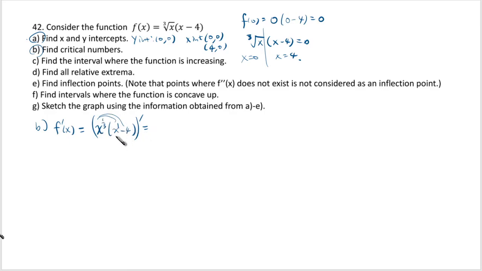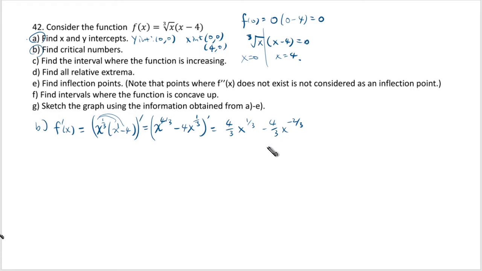Okay, x to the first power times x to the 1/3 power. Like powers add. If you have the same base, the exponents add, so it's 4 over 3. And the next one is negative 4x to the 1/3 power, and then you're differentiating this. If you differentiate, 4/3 comes down, subtract 1, so that's 1/3. 1/3 comes down, that's 4/3, and you get x to the negative 2/3.